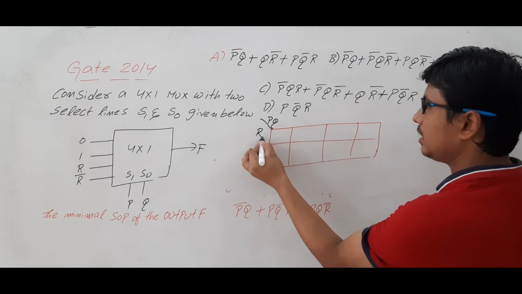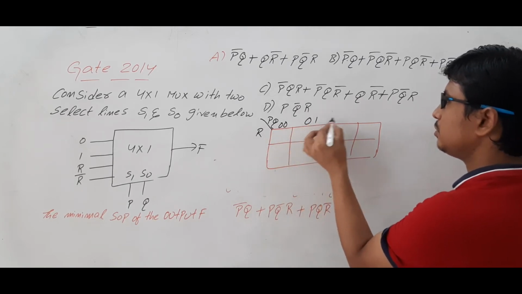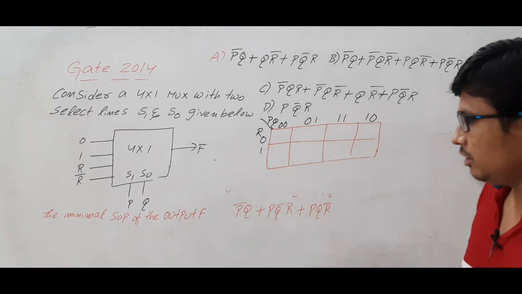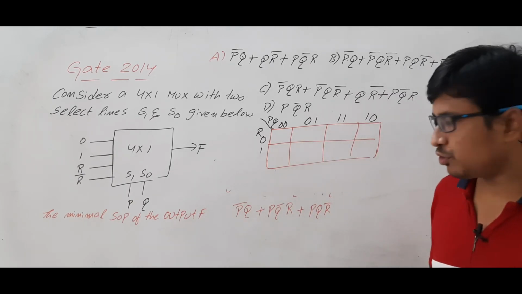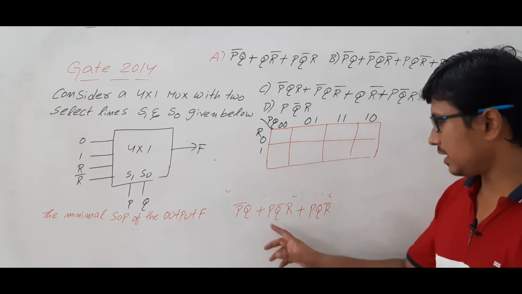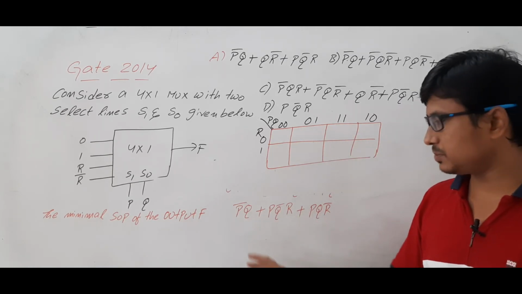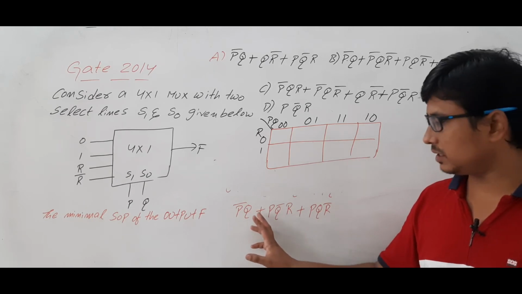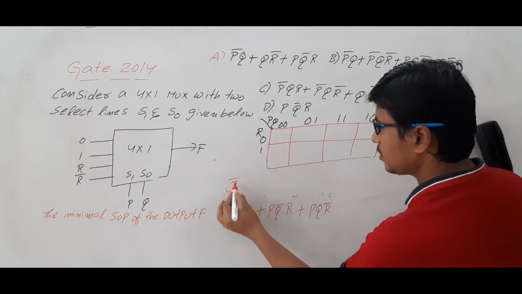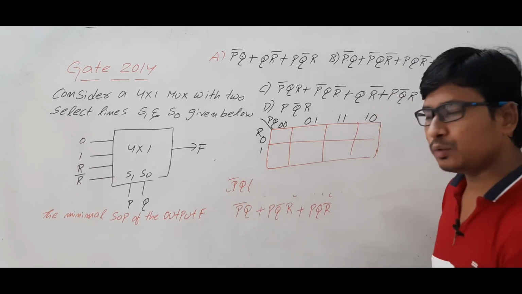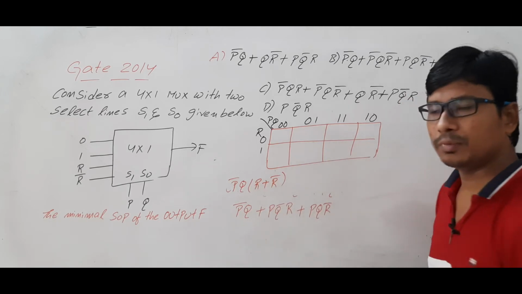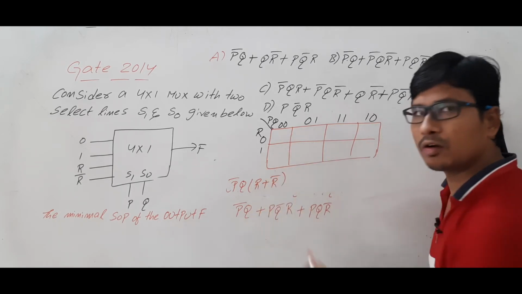Which consists of P Q R, 0 0 0 1 1 1 1 0 0 1. If you look, this is not in the SOP. Why? Because here the R term is missing, and everywhere R and P Q R is missing, but here P and Q terms are there, R is missing. So what I can write is that P complement Q into 1, I can write it as R plus R complement.